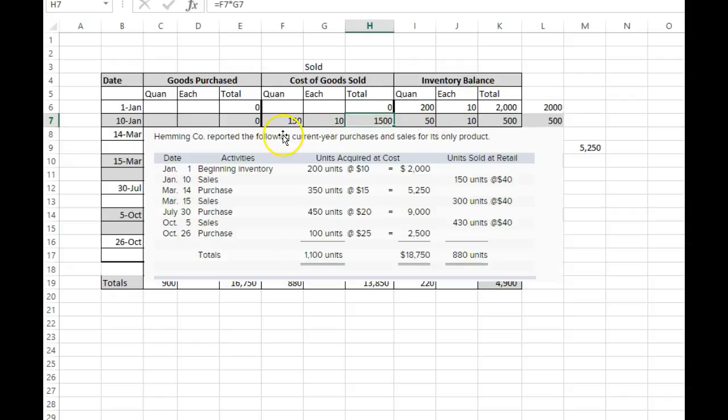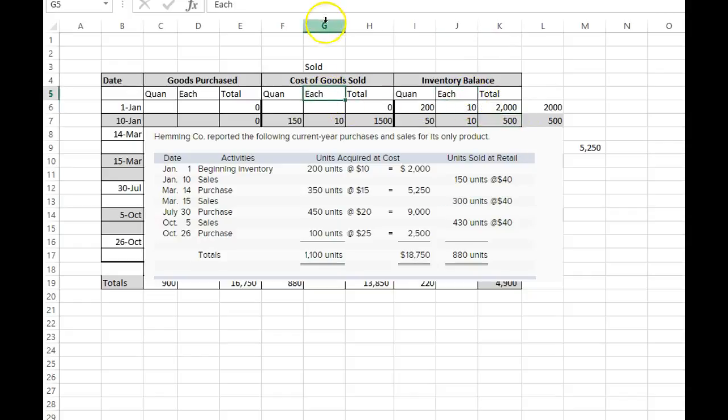But now I've got one more step. I've taken 150 out of inventory. So I'm going to subtract 150 from the 200, and I now have 50 in inventory. I'm going to multiply that times the cost, and that gives me $500 left in inventory.